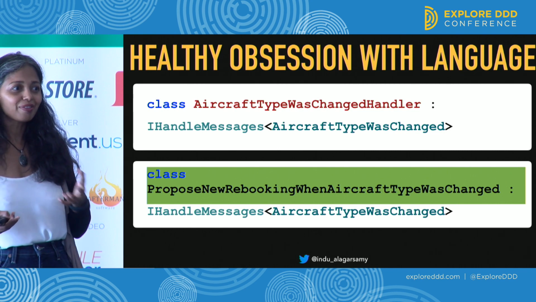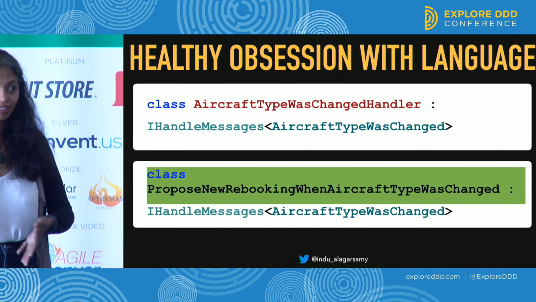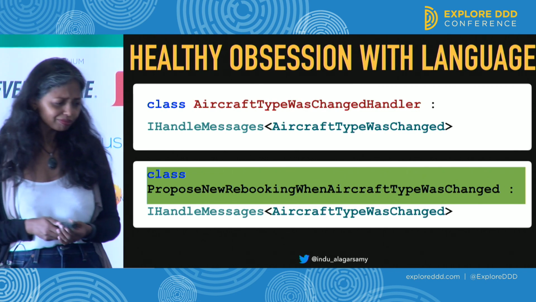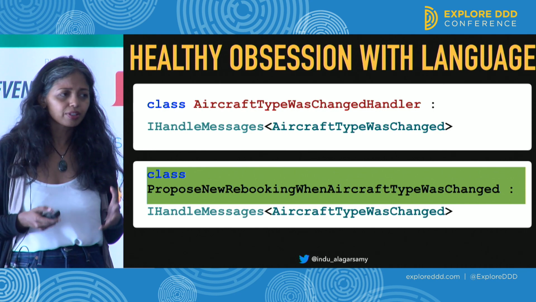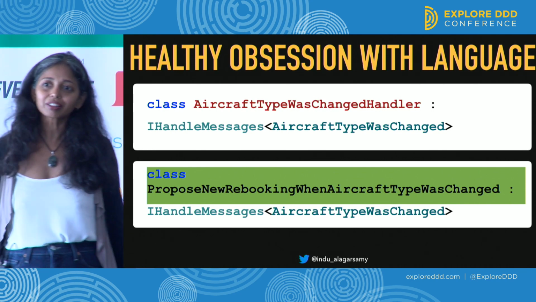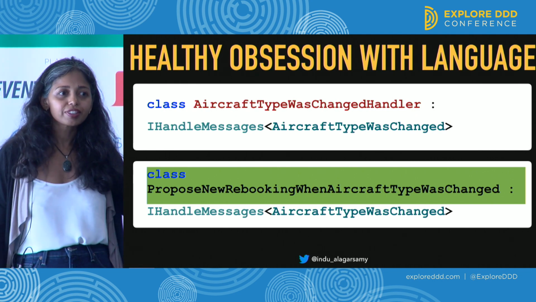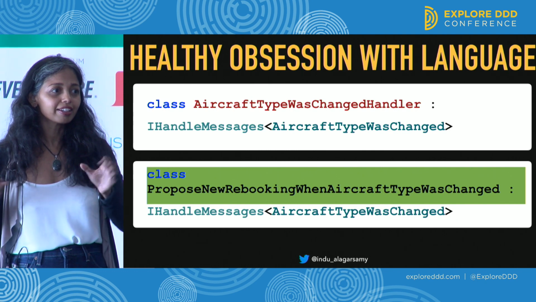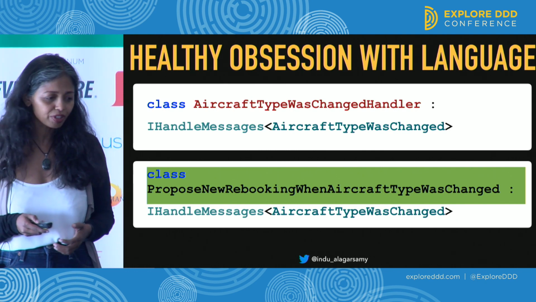Aircraft type was changed, that was the event. But the class, what it's actually trying to do, is much more. This sounds very basic and fundamental, but I used to do this all the time. Just whatever event, handler, instead of using a proper name to establish the intent.